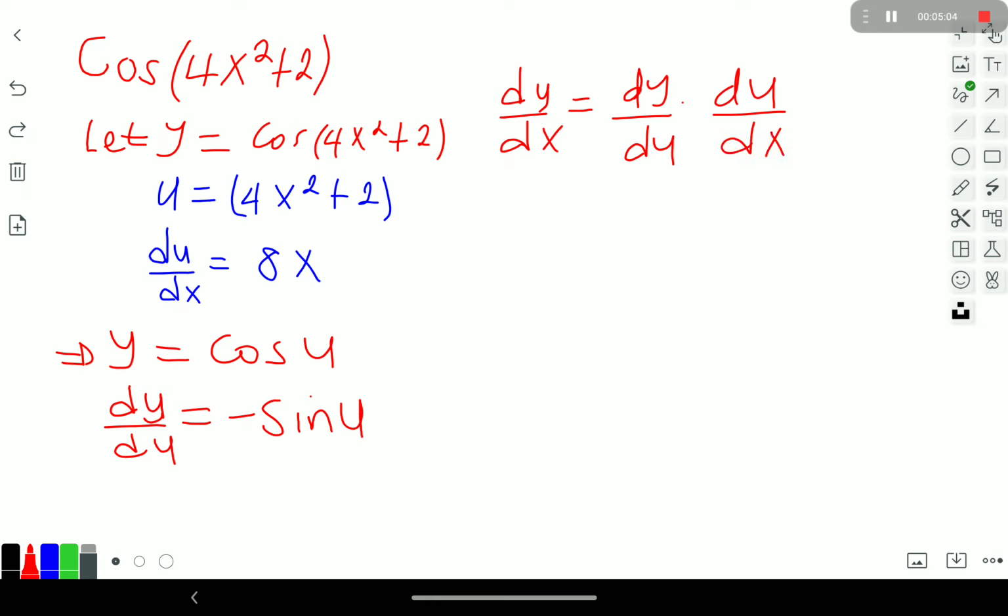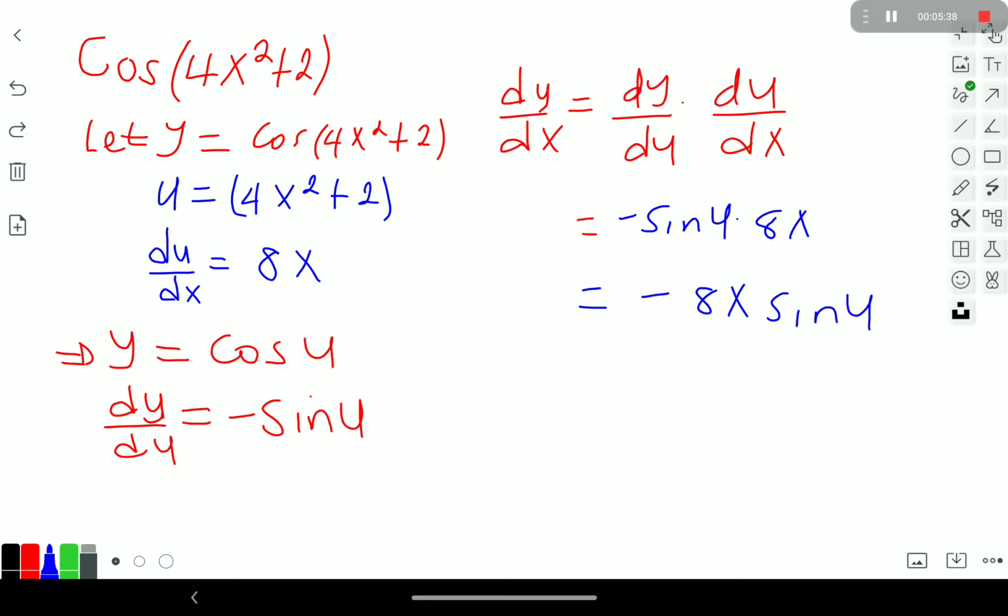Then by substituting we get dy/du is minus sin u, and then du/dx is 8x, and then from there we shall get minus 8x times sin u.